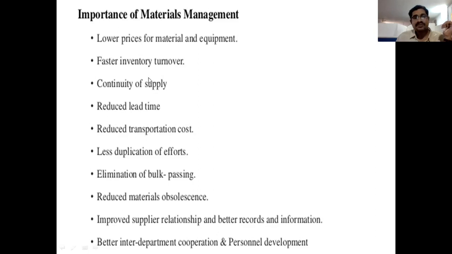So another benefit from materials management is that we can get productivity or faster inventory turnover, and continuity of supply from the supplier. Continuity of supply means continuity of arrangement of materials from the suppliers. So it will lead to continuous production. Next, reduce the lead time also. Already in the previous EOQ and inventory graphs, we discussed this point.